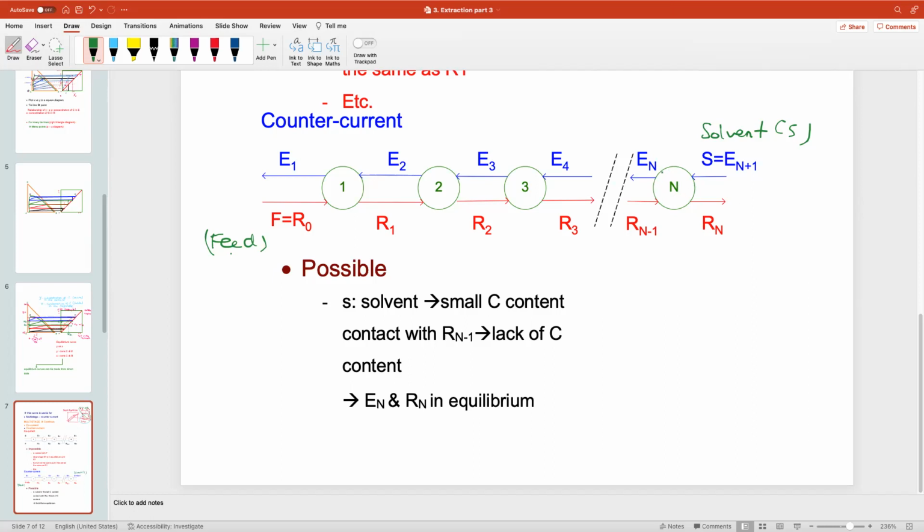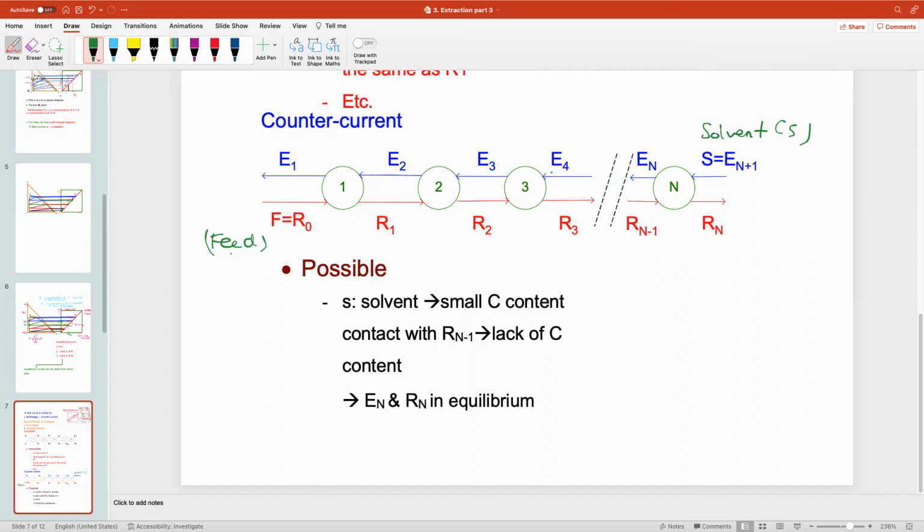The way we name which one is leaving the stage is also similar to distillation. So if it is stage N, then it's going to end up with EN and also RN, the extract and also the raffinate. Now it goes on several times, for example, up to stage 3.